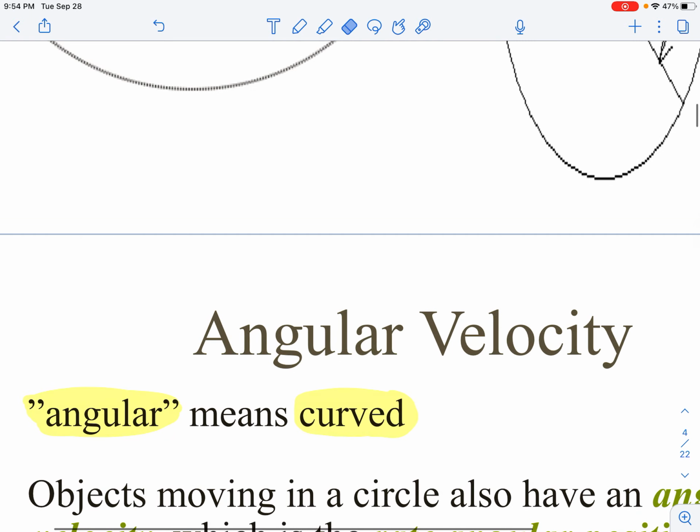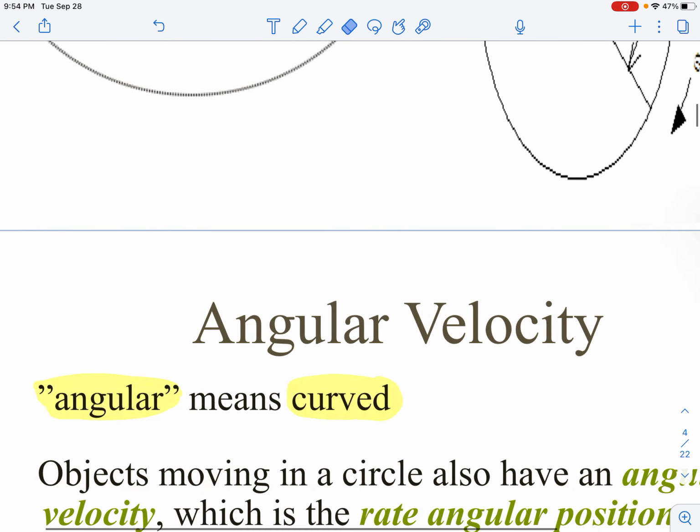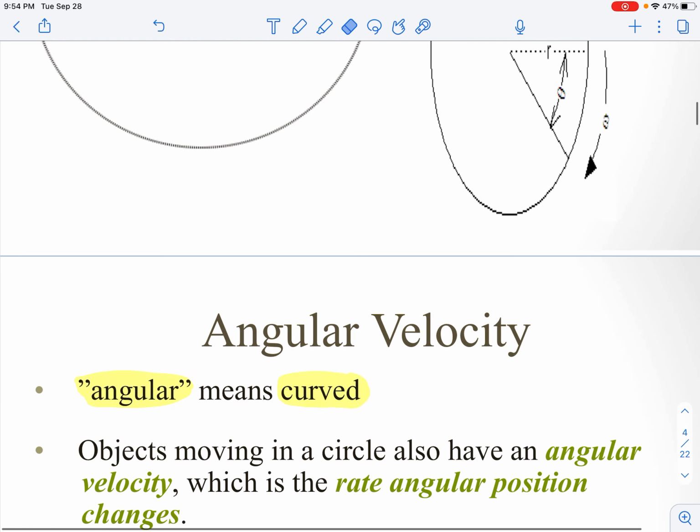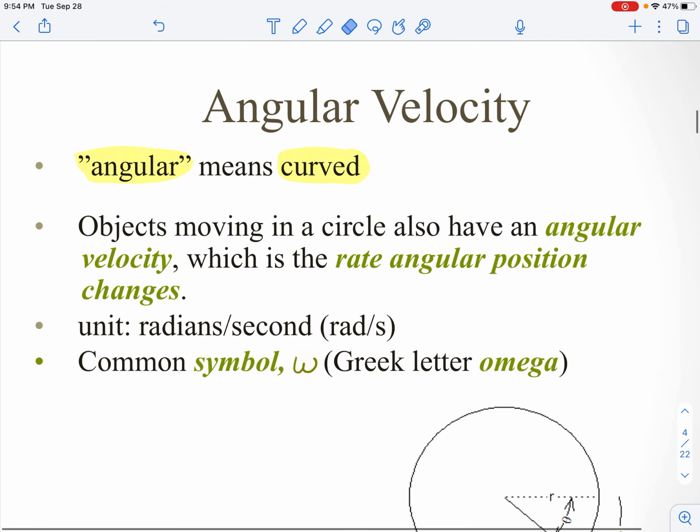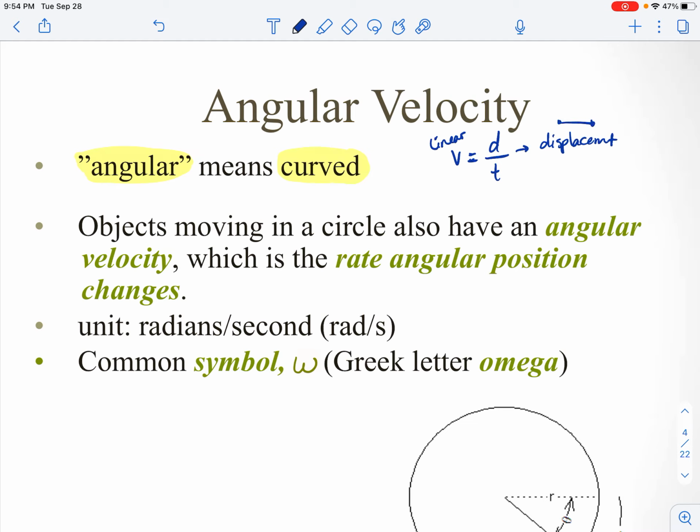So the first thing that we have here is angular velocity. Now you already know that velocity is displacement over time. So let's look at how the definition changes because we say that it is angular. We have learned V equals D over T as our formula for velocity, linear velocity, straight line velocity, where this is a displacement, which is going to be a change in position or how far along a straight line, measured in meters over time.